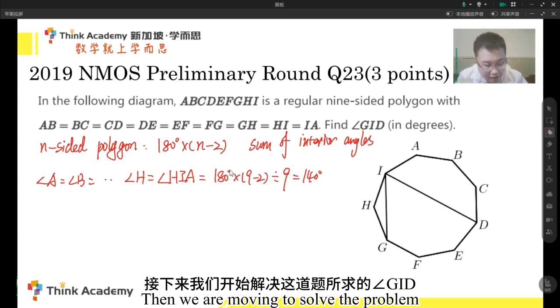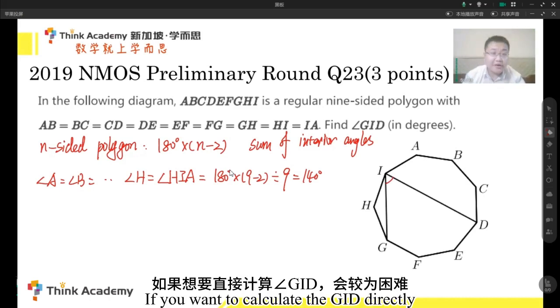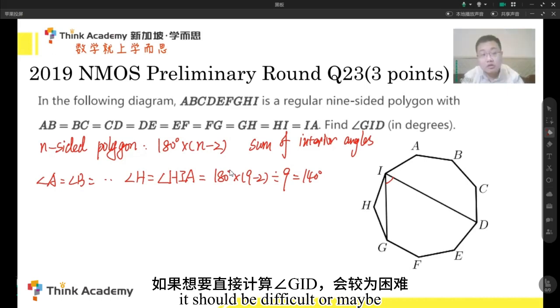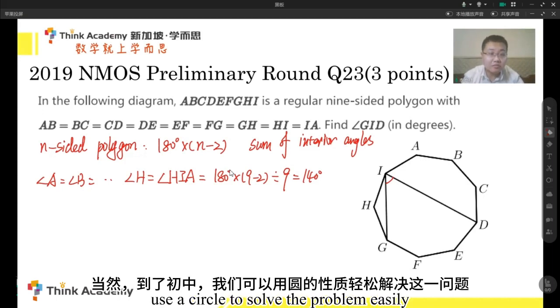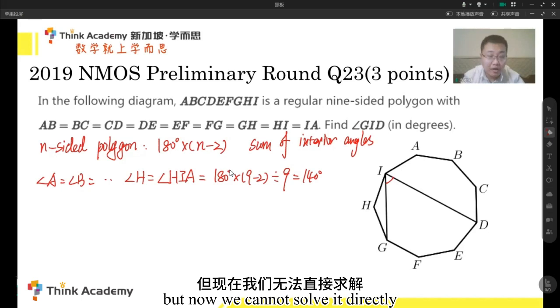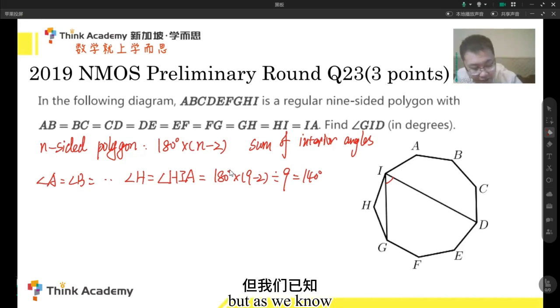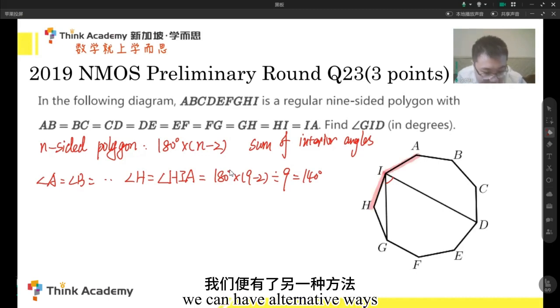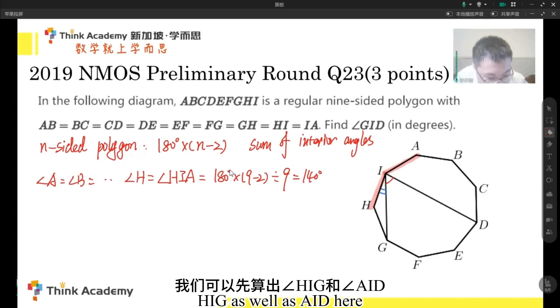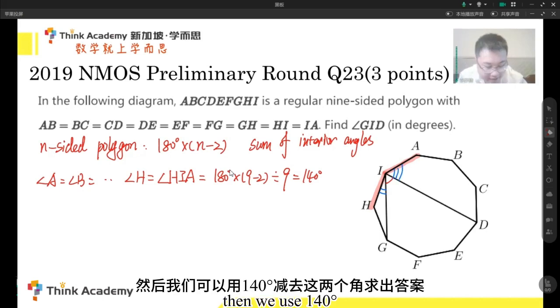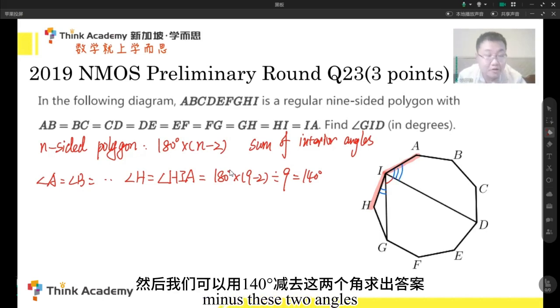And then we are moving to solve the problem, the angle GID here. If you want to calculate GID directly, it should be difficult, or maybe in middle school, we can use a circle to solve the problem easily. But now, we cannot solve it directly. But as we know, the angle HIA is 140 degrees. We can have alternative ways: we can just calculate HIG as well as AID here. Then we use 140 minus these two angles to find our answer, right?